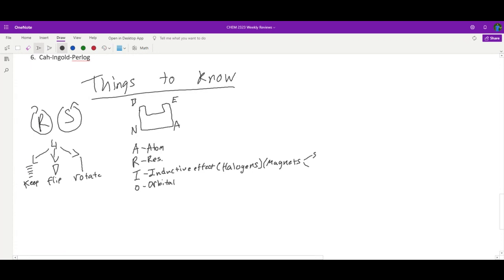Think about the strength of the magnet and the location of the magnet. Basically, where your inductive effect is located versus how effective that effect is.